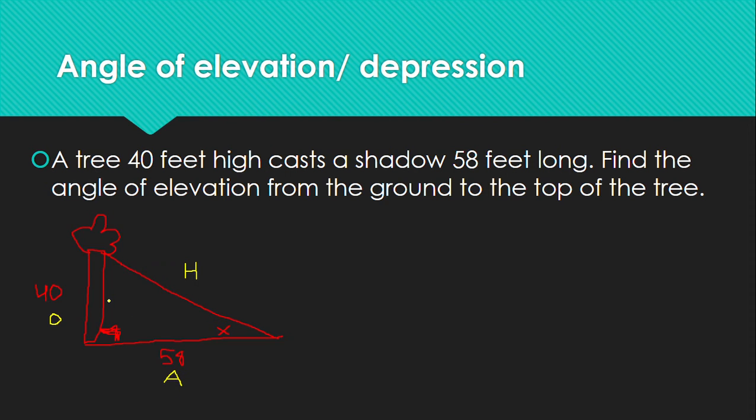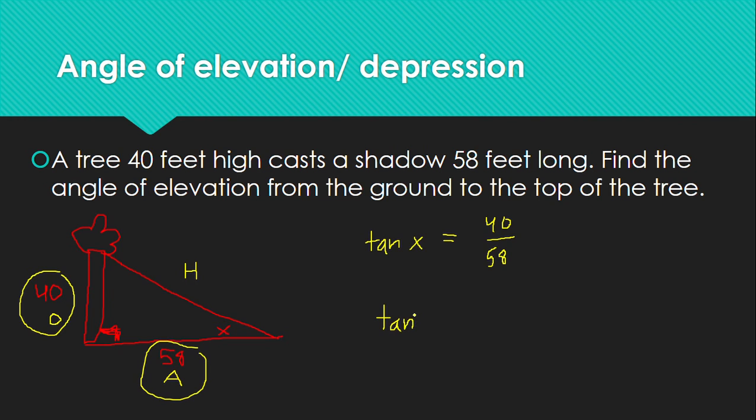So I look at the two sides that are labeled, and I have this 40, which is O, and the 58, which is A. So my equation, I'm going to use tangent, O and A. So tangent of X, tangent of my angle is O over A, so 40 over 58. And to find the missing angle, to get X by itself, I'm going to need to do inverse tangent. So that's my tan to the -1.